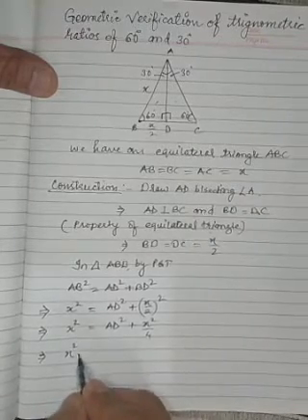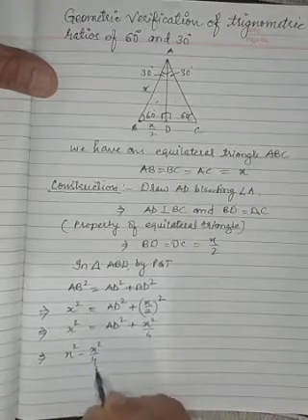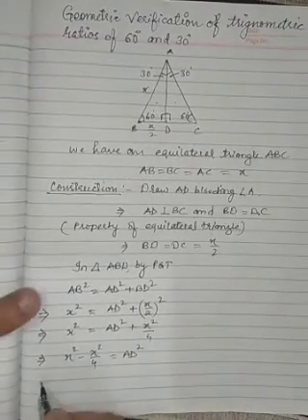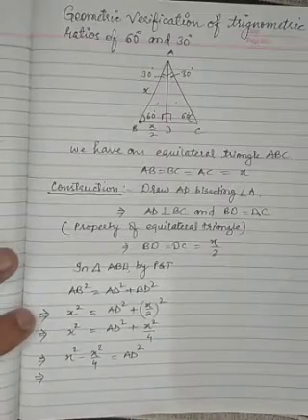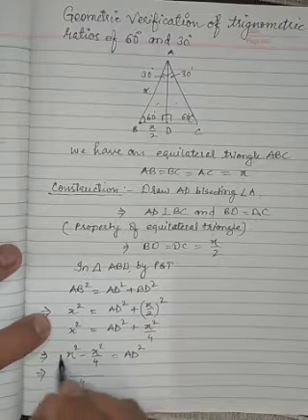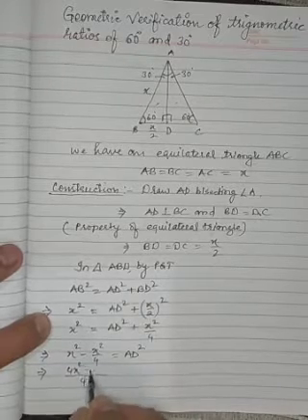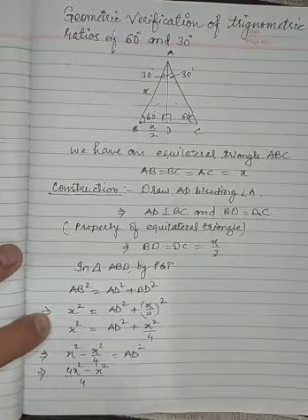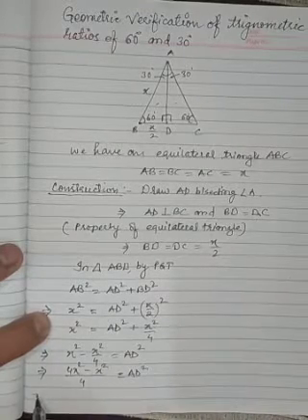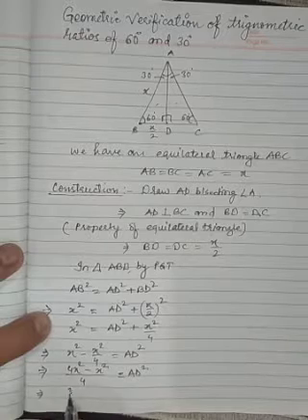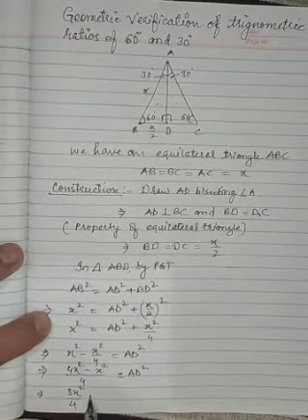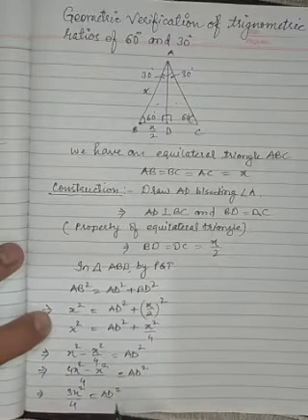So x square minus x square upon 4 is equal to AD square. If we take the LCM, it will be 4. So 4x square minus x square upon 4 is equal to AD square. That implies 3x square upon 4 is equal to AD square.